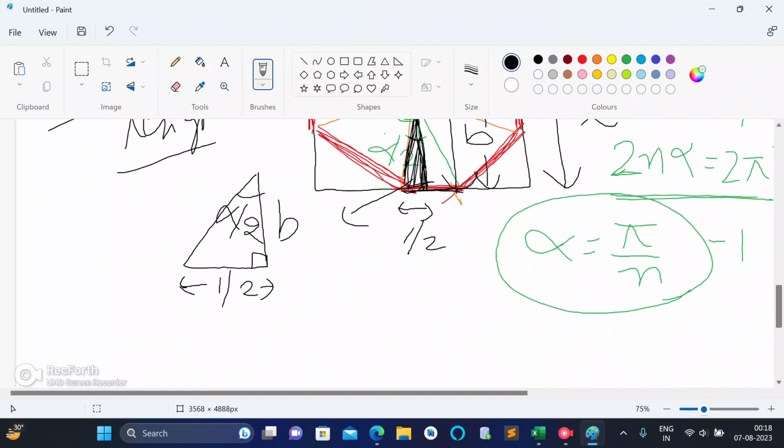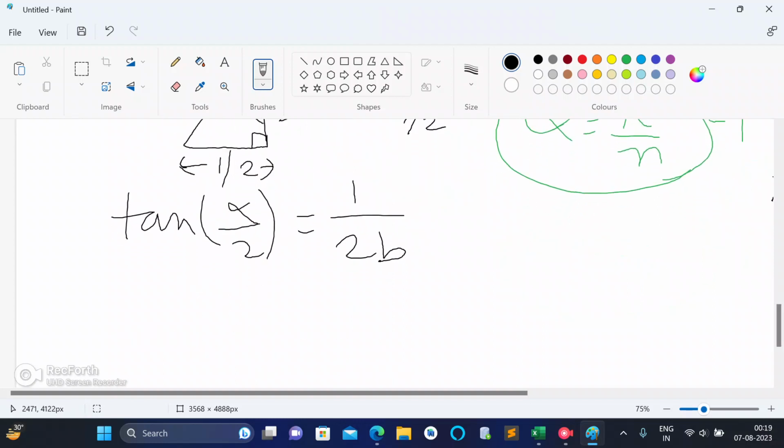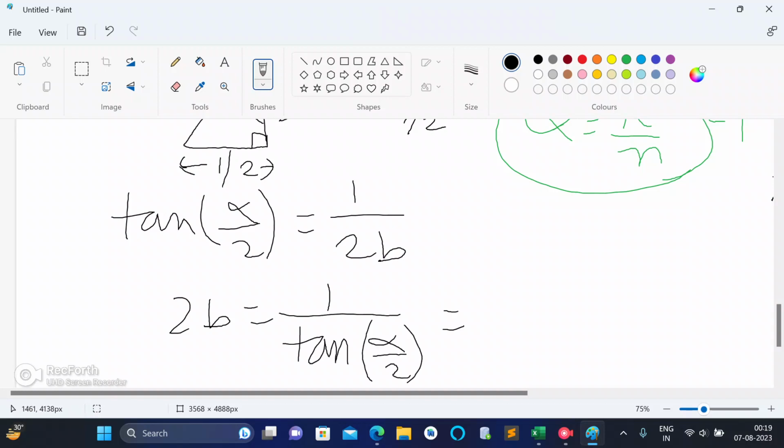Now I want to find the length of b and report twice of b as the answer. So how can we find the length of b? We can apply the property of tan. Tan of alpha by 2 is perpendicular by base, so it is 1 by 2b. So 2b, which I want to report, is 1 by tan of alpha by 2.